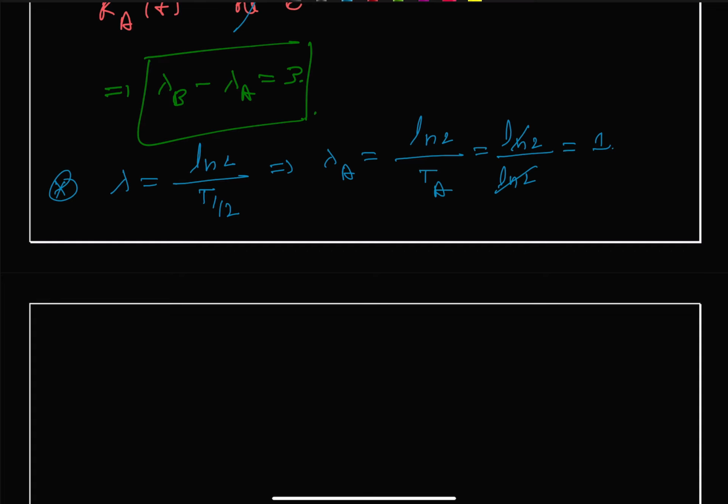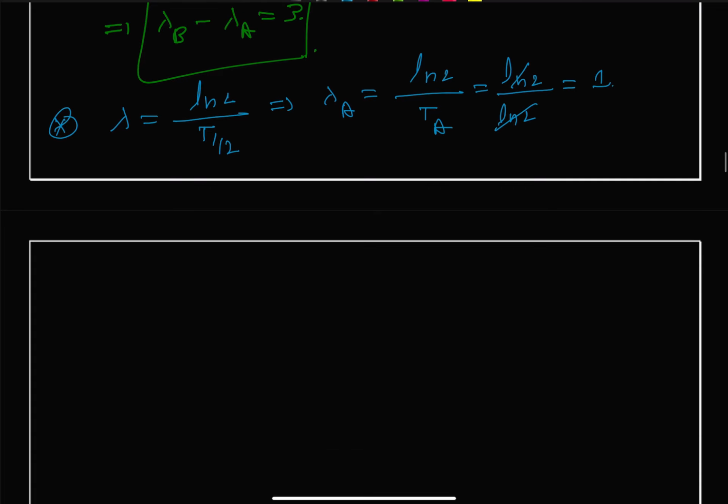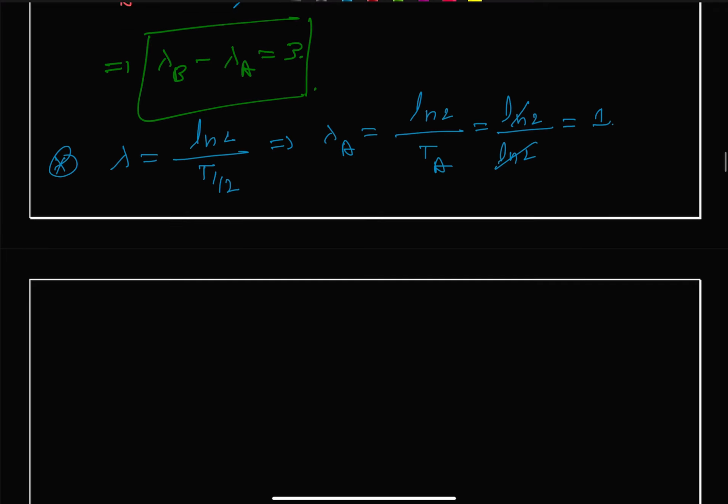And therefore we can say that lambda B is equal to 3 plus lambda A, which gives us 3 plus 1. Therefore, lambda B is equal to 4.